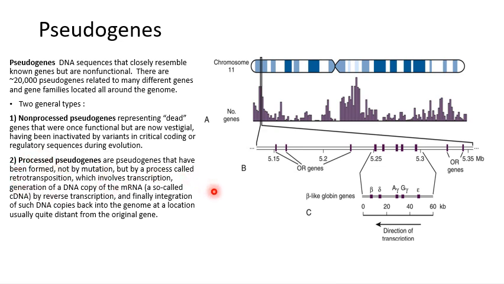These pseudogenes have been formed not by mutation, but by something called retrotransposition and reverse transcription. So it's the generation of a DNA copy from the messenger mRNA that will finally be integrated into the DNA. And we will discuss that in later chapters, inshallah.